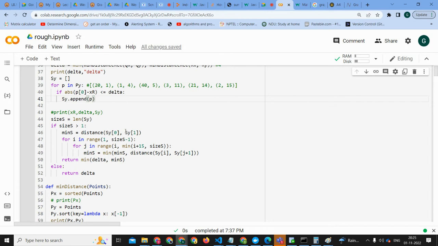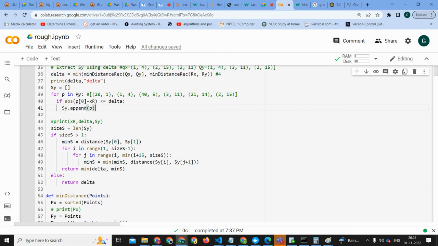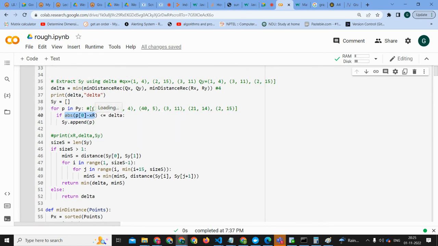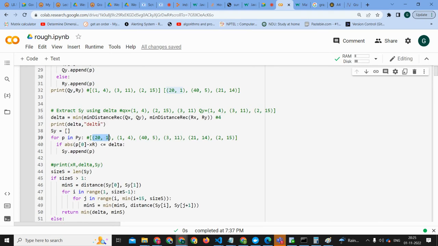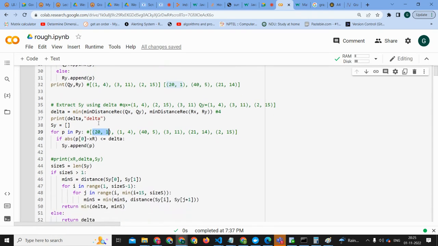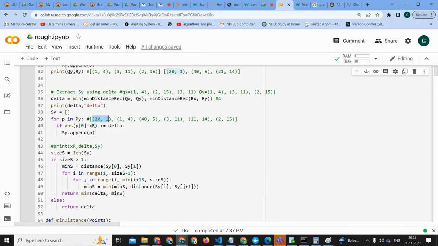All right. Let me go through the code again, whatever you are saying. Uma, this PY, you know, right? What is happening here? You have pasted PY there. So PY, this is 20, and we are comparing 20 with XR. XR is actually 20. So for the first P, we are checking whether it is less than delta. If it is less than delta, we are appending it to the SY list. So what is P of zero? This point, 20, the first point. Is 20 minus 20 less than delta?